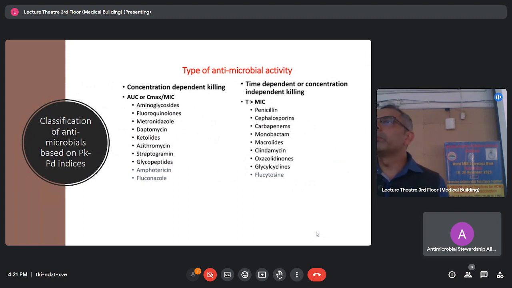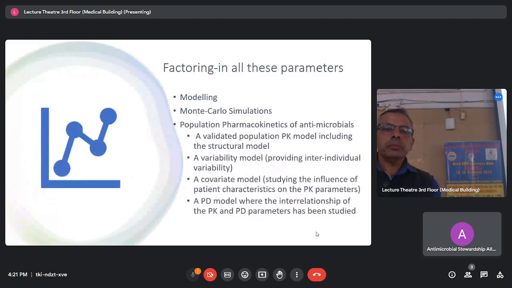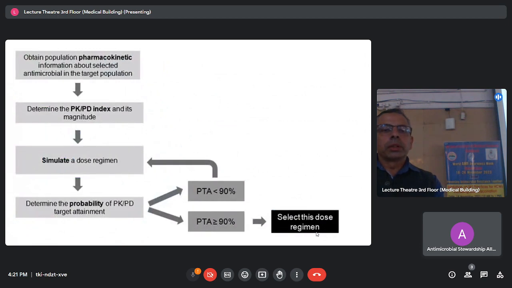It may have a different pattern. Again, this is adding to the confusion. Ultimately, we do not have the database, but primarily, this is the simplified form of understanding antimicrobial dosing regime development. We will not discuss all that.